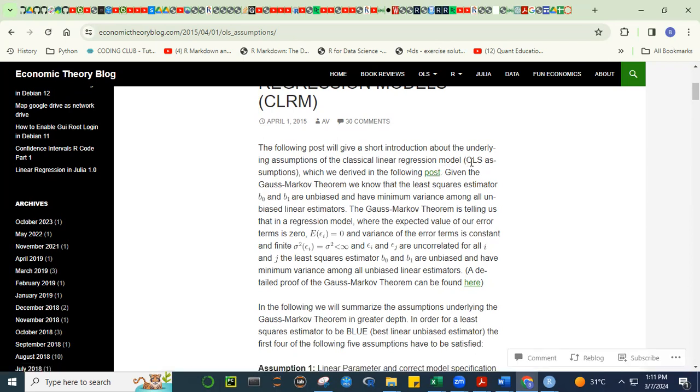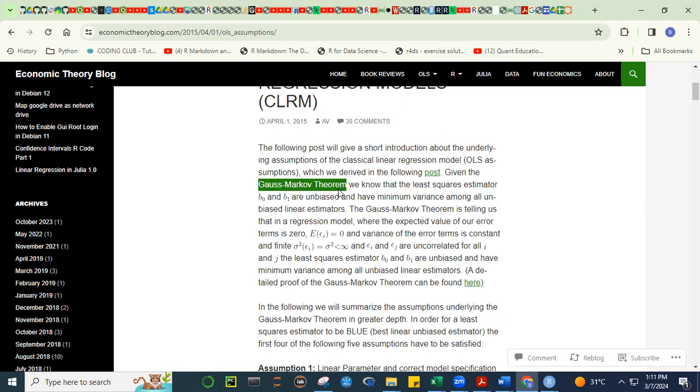And we said that for a classical linear regression model, the OLS method is used, ordinary least squares. If you want to see the derivation, you can click this. And it is founded on the Gauss-Markov theorem.